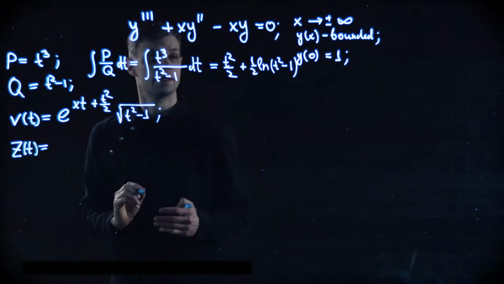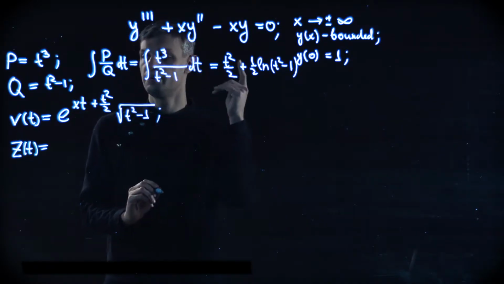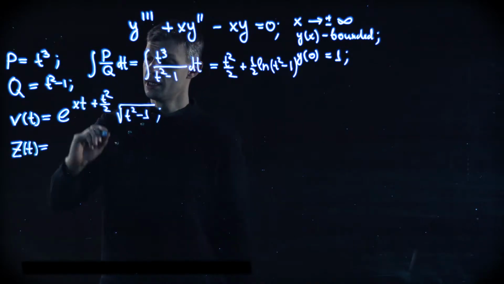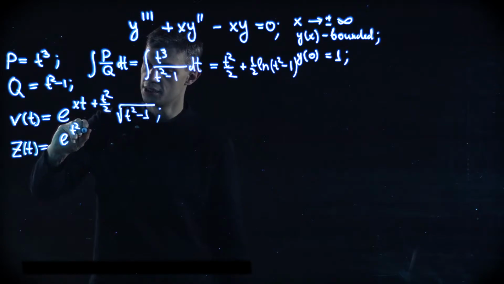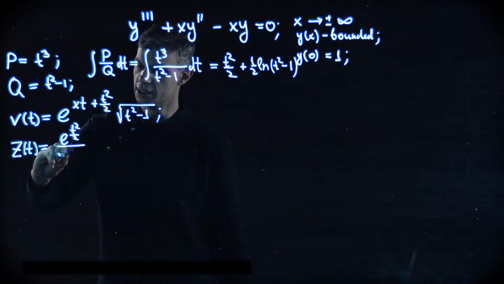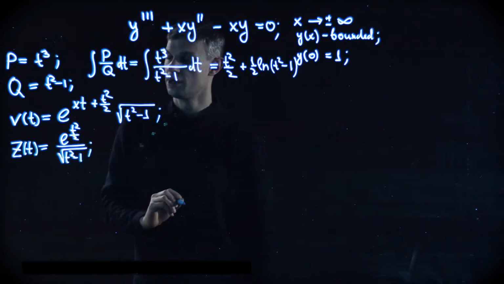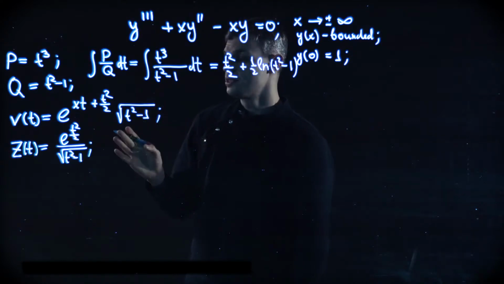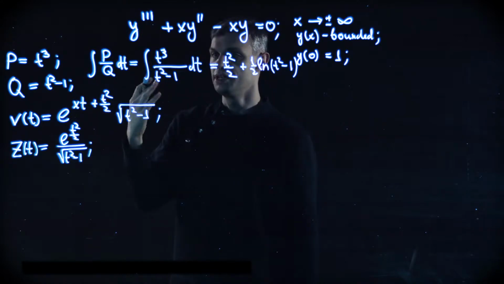Well, again, it's the same kind of expression, but divided by q polynomial, which is here. So z function is e to t squared over 2, this time divided by the square root of t squared minus 1.